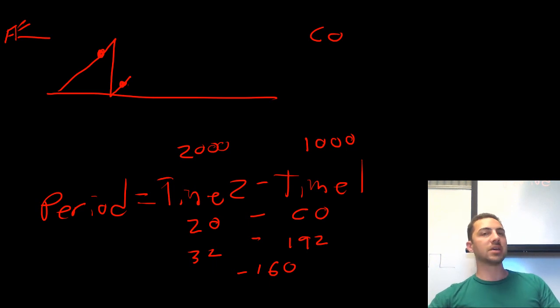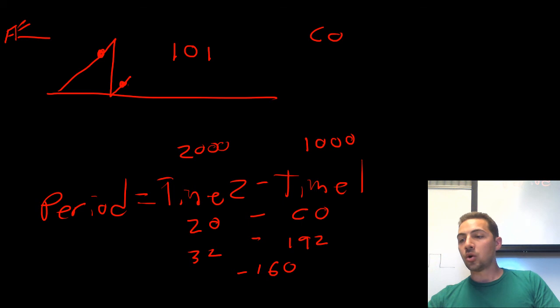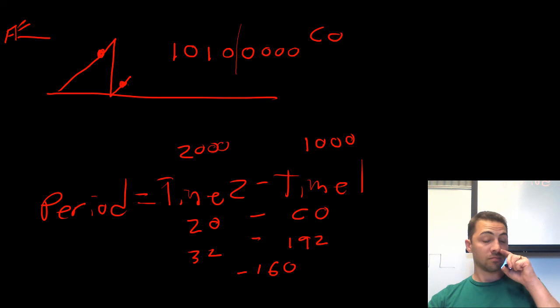Because everything has to be in 8 bits. So negative 160 in binary is 128, no 64, 32, no 16, no 8, no 4, no 2, no 1. That is negative 160.